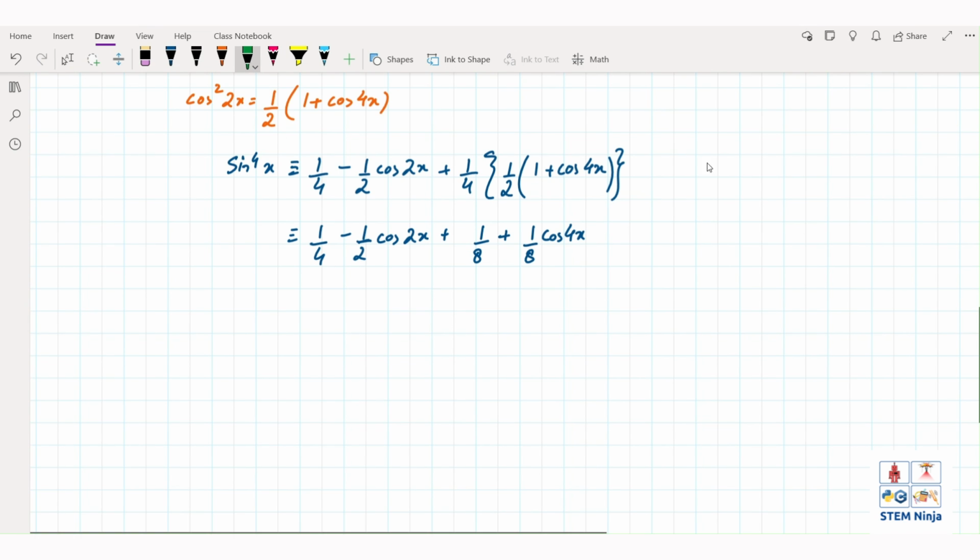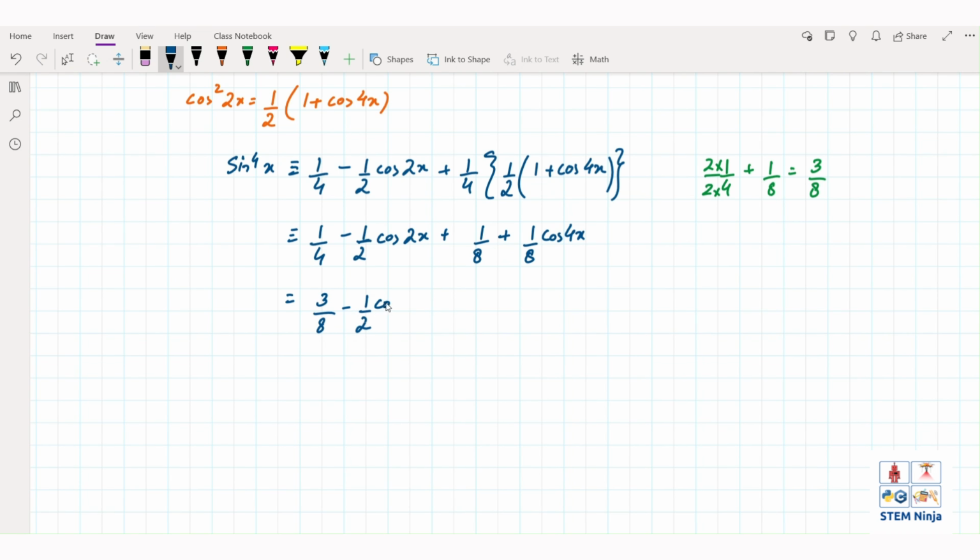So we have to add the 1 over 4 and 1 over 8. To make a common denominator, 1 over 4 becomes 2 over 8, so this becomes 2 plus 1, 3 over 8. So 3 over 8 minus 1 over 2 cos 2x plus 1 over 8 cos 4x.